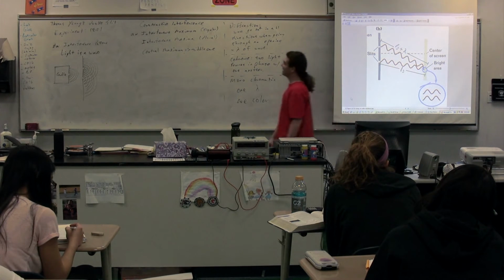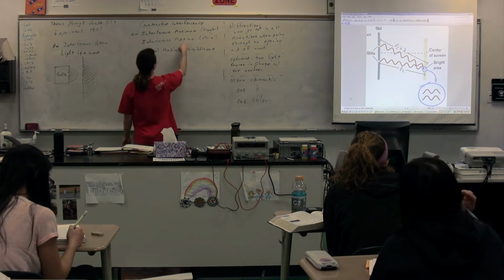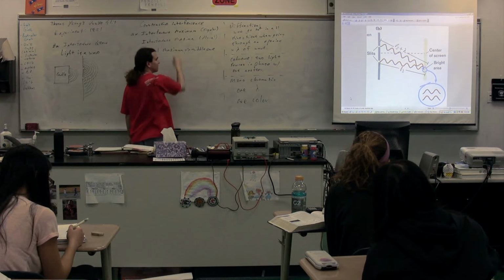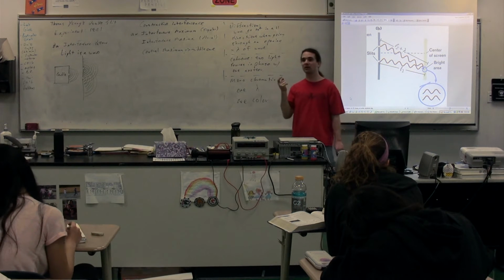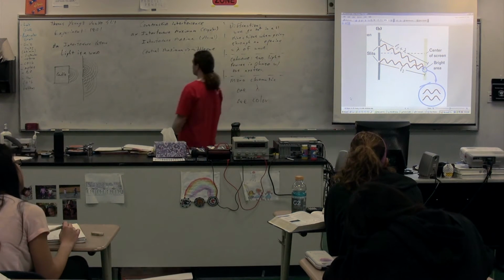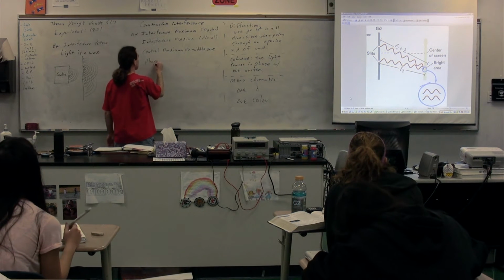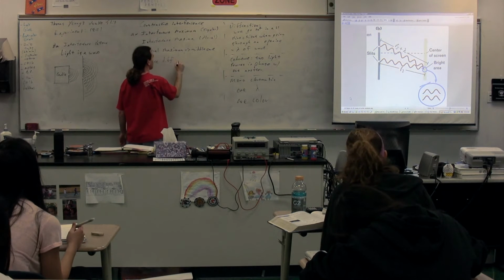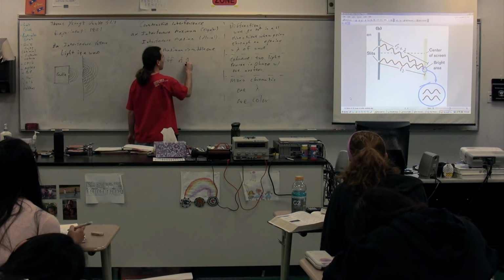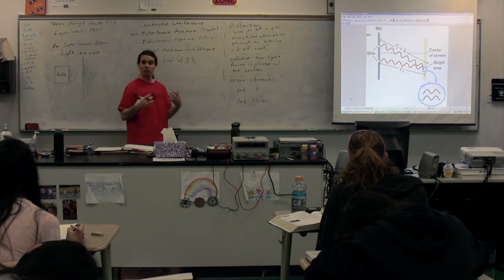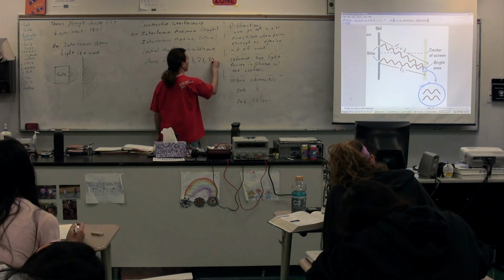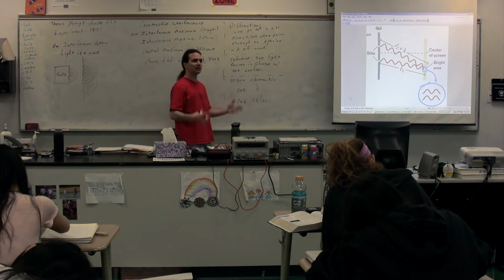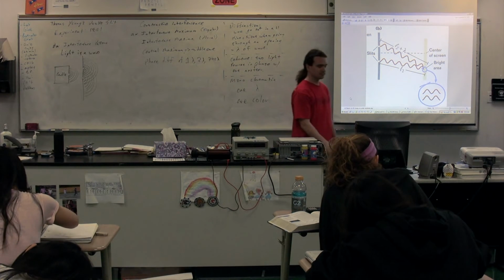So where we get interference maxima is where we have constructive interference, where we have a phase difference of one wavelength, or any integer multiple, like 2 wavelengths, 745 wavelengths, right? Any integer multiple of wavelengths.